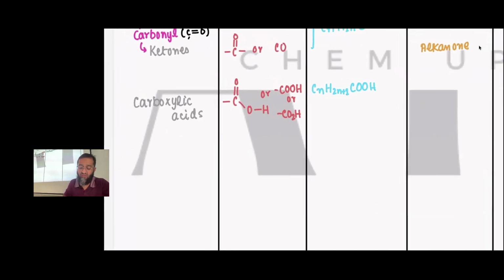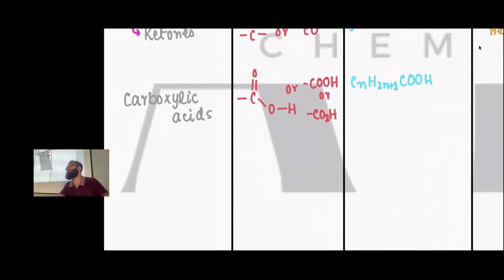In this general formula, for example, if I'm saying butanoic acid, then how many carbons does it have? 4. So n is 1 less than total carbon. So for butanoic acid, if I'm using this general formula, I'm going to use the value of n as 3. So n is 1 less than the total carbons.